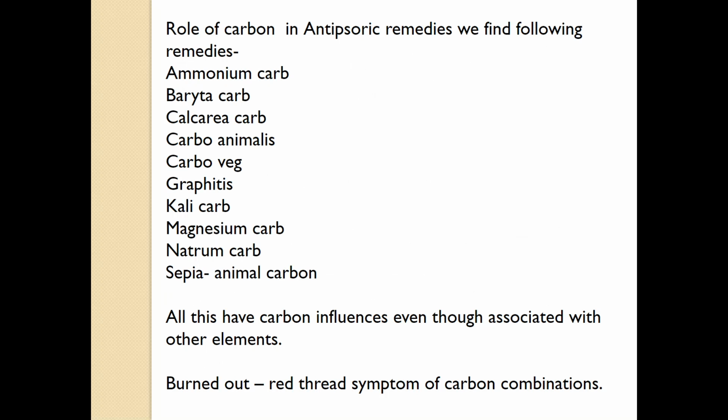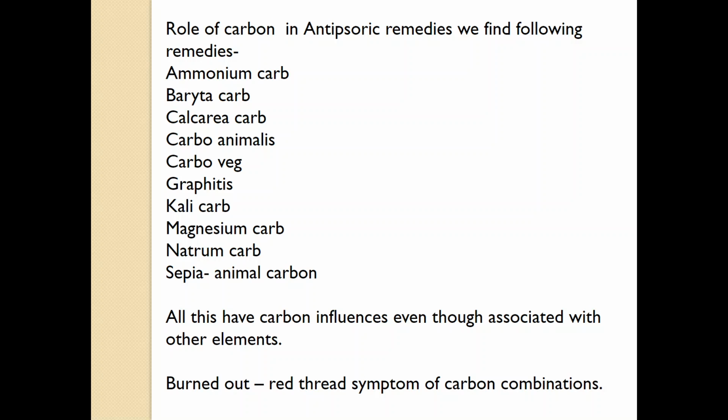Role of carbon in anti-psoric remedies. We find remedies such as Ammonium carb, Baryta carb, Calcarea carb, Carbo animalis, Carbo veg, Graphites, Kali carb, Magnesia carb, Natrum carb, and Sepia as animal carbon.